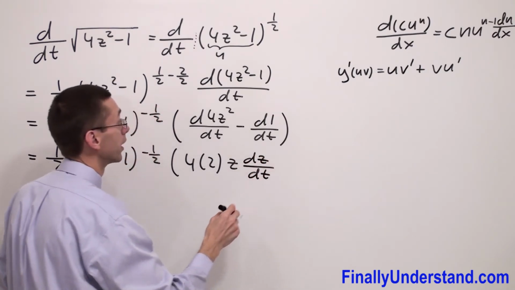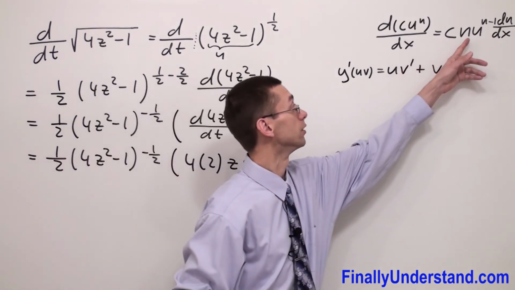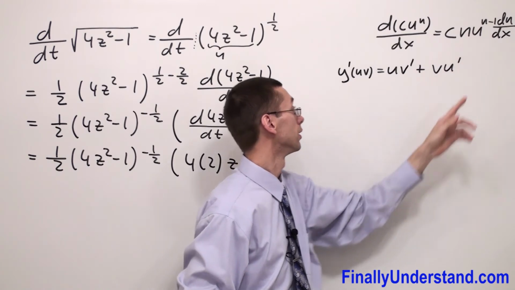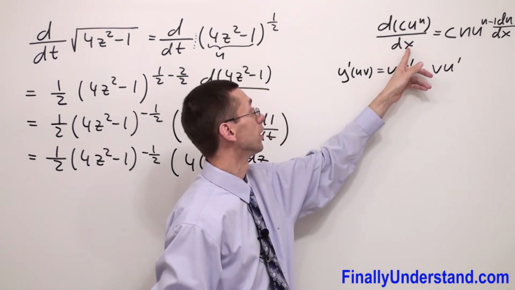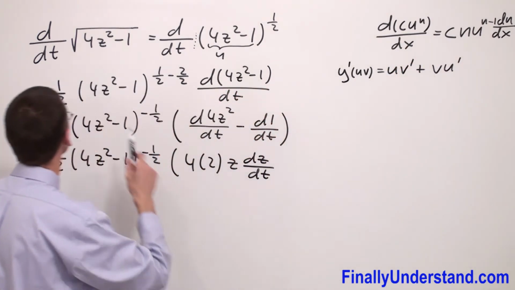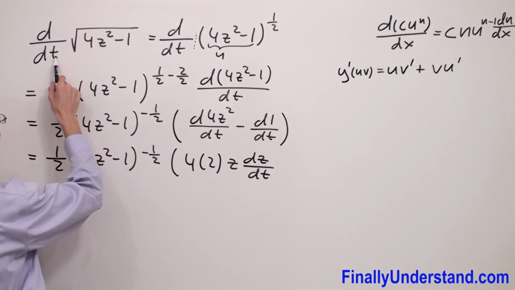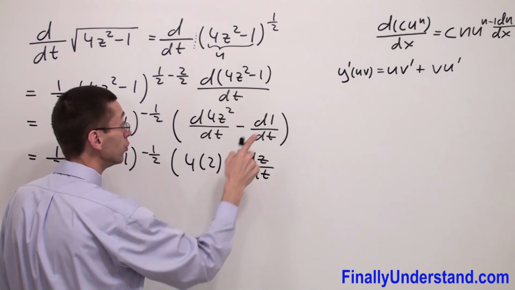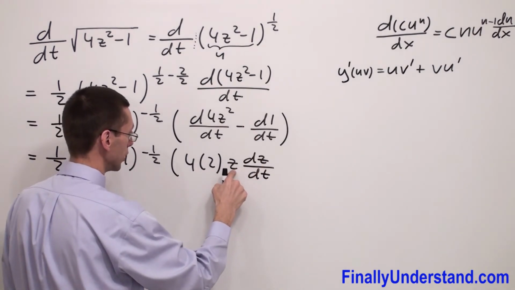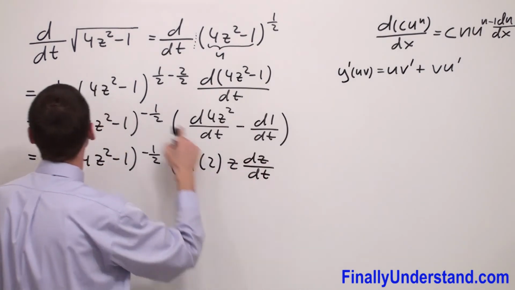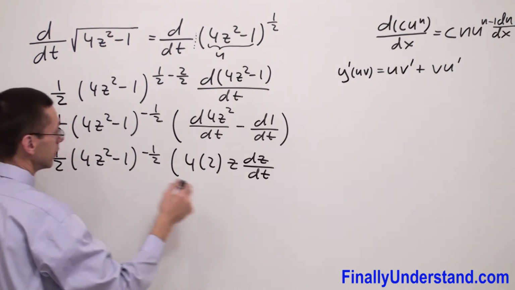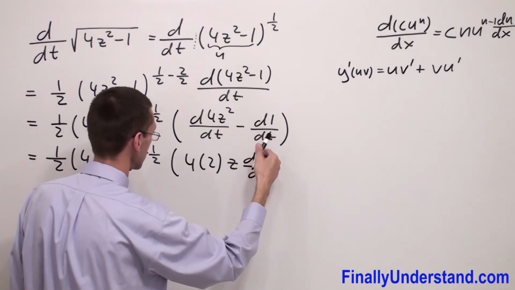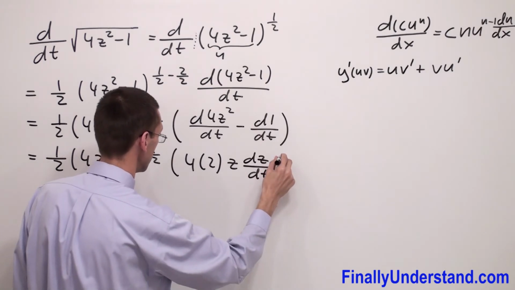According to the formula, I'm supposed to find the derivative of u with respect to whatever you have at the beginning of the problem, to the variable which was given at the beginning. So my u in this case is z, that's why I have to write dz over dt. Derivative of constant is equal 0, that's why I'm not going to write anything.